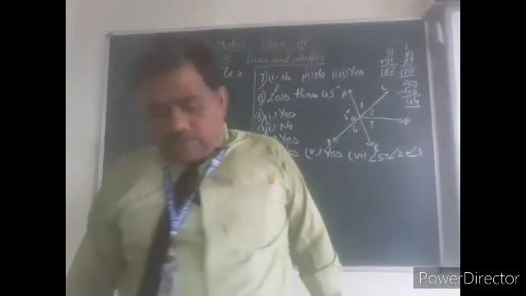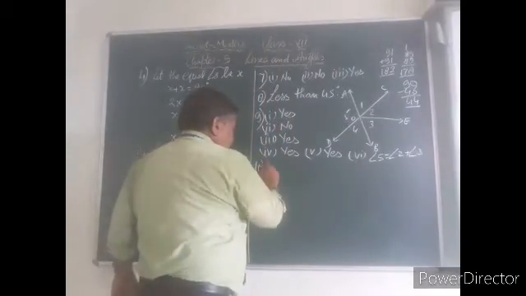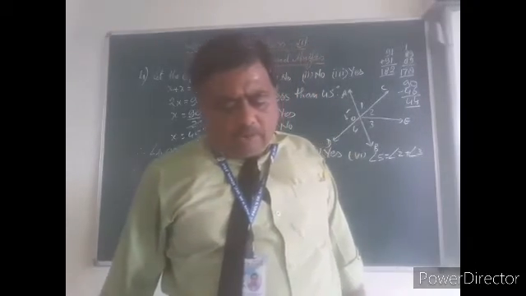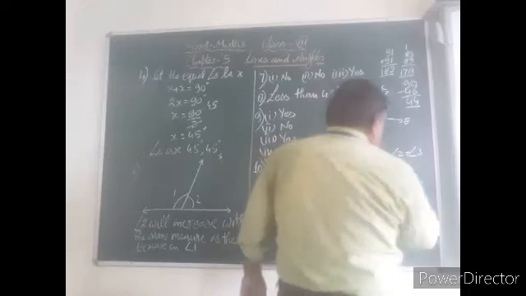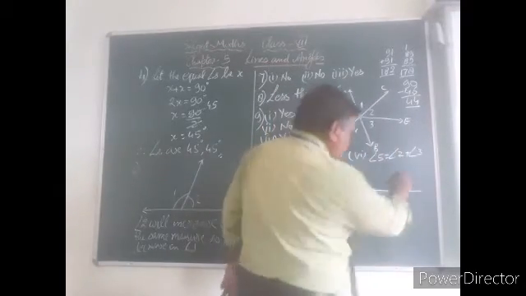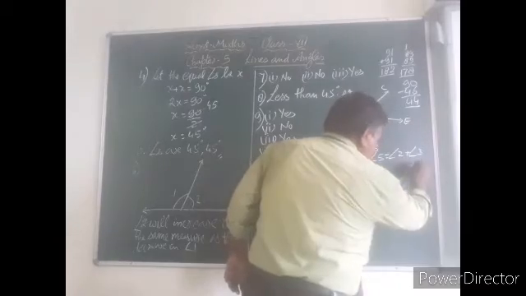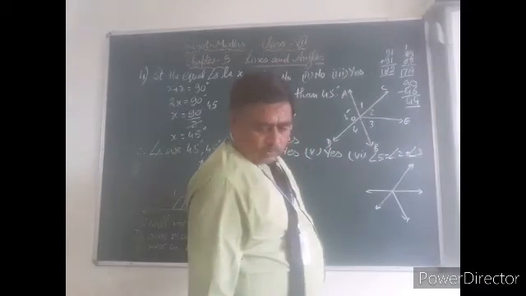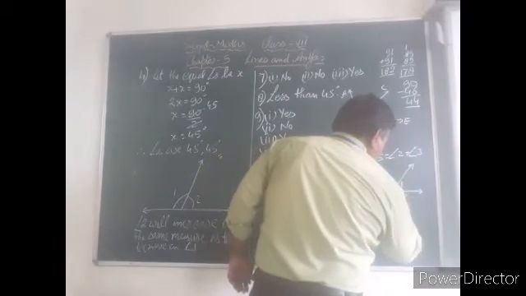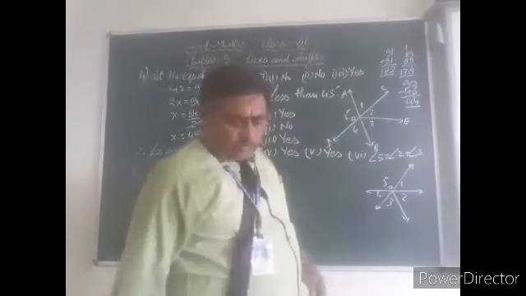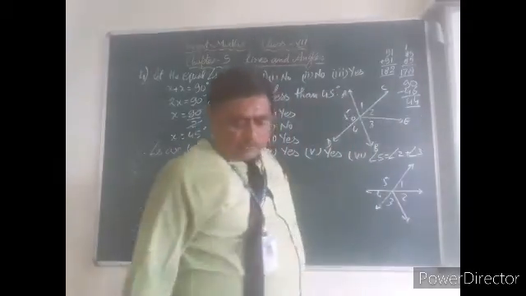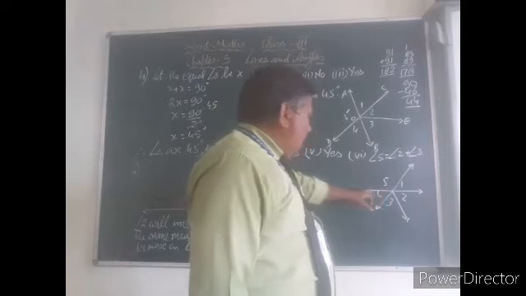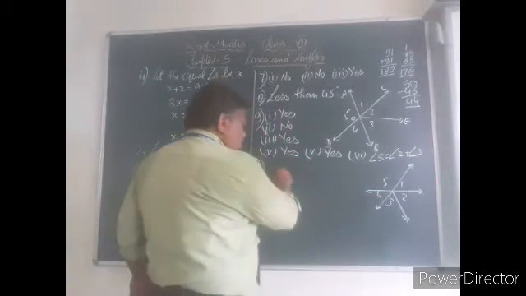Now question number 10. Indicate which pair of angles are vertically opposite angles. These two are straight lines. So angle 1 equal to angle 4.